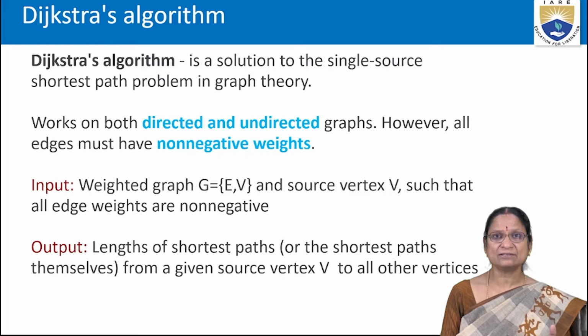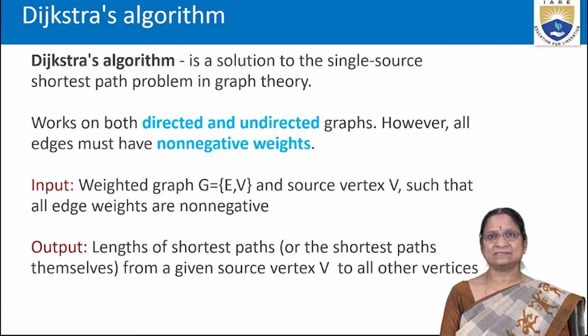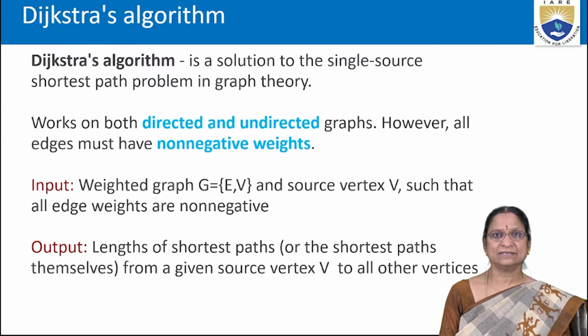So, for Dijkstra's algorithm, the input is a graph G with edges E and vertices V, and a source vertex is given from which the shortest path or shortest distance is to be calculated to all other vertices, such that the weights of these edges must be non-negative. What is the output we will get?